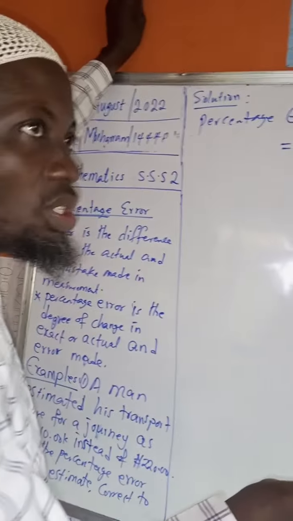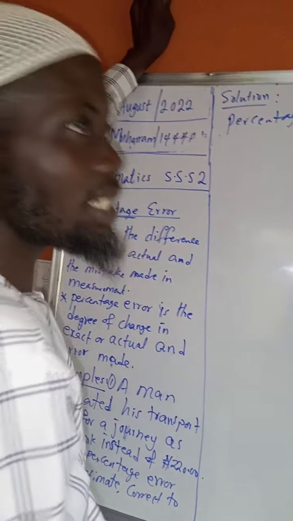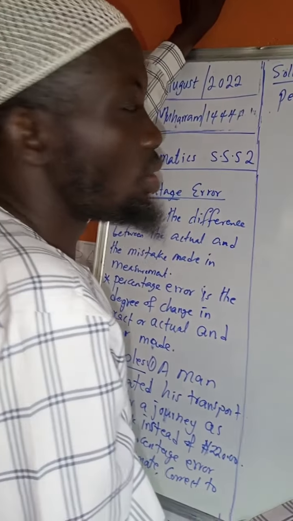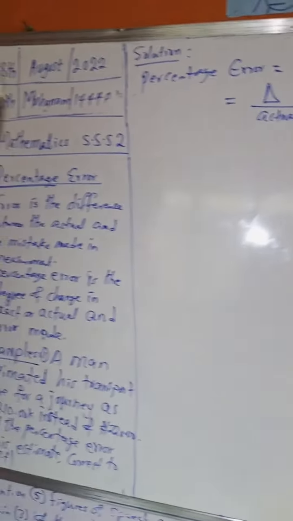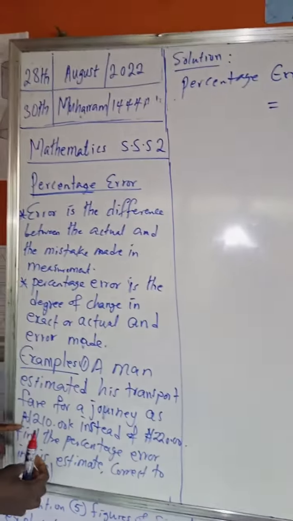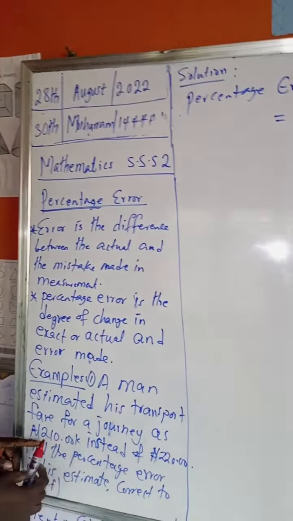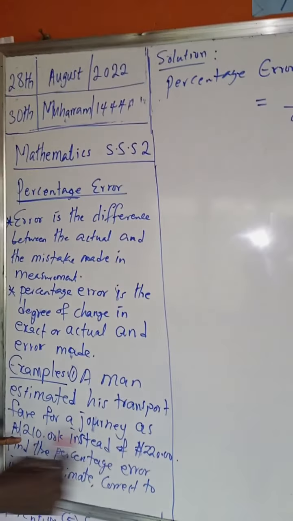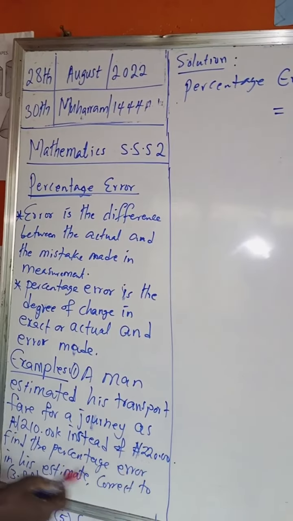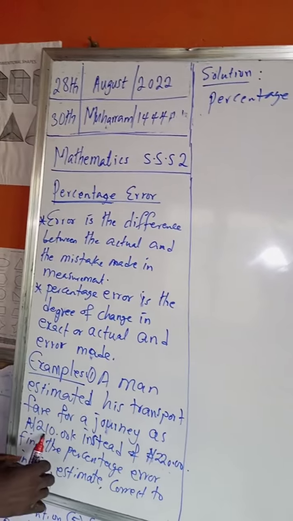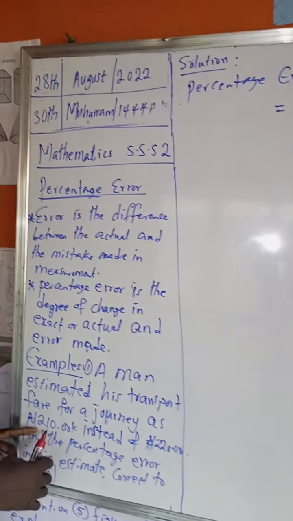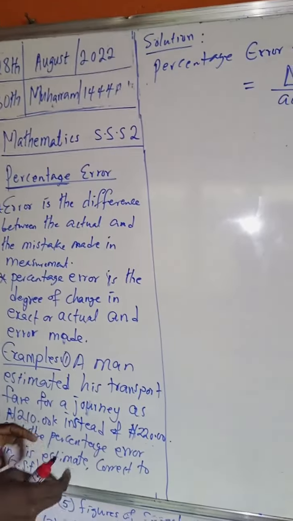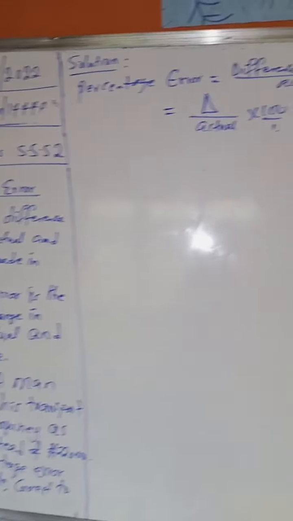If the error is an increase, you say new minus old. For the decrease, it will be old minus new. Anyway, just use the difference in them. So let's go.